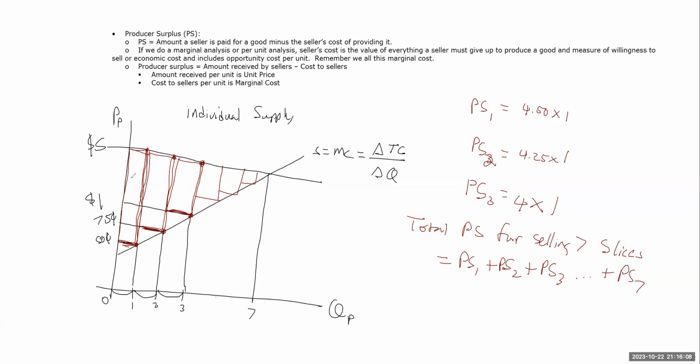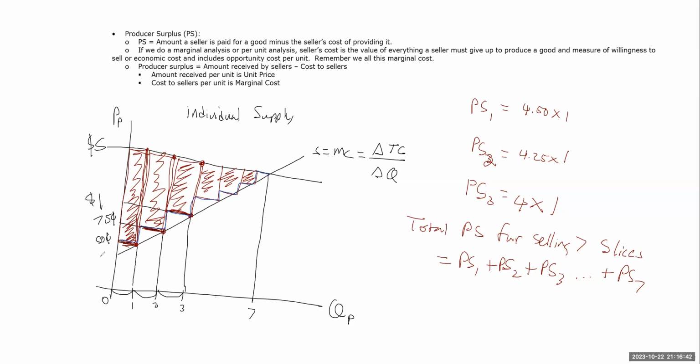And visually, what we do is add up the area of this rectangle plus this rectangle plus this rectangle, this one, and this one. Okay. And that's how you get the total producer surplus. Now, just like for demand, that means our supply curve is staircase shaped like this.